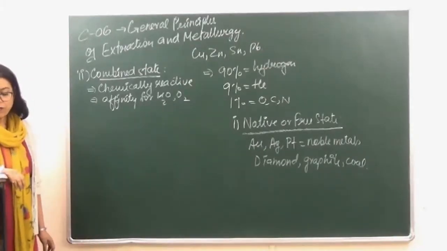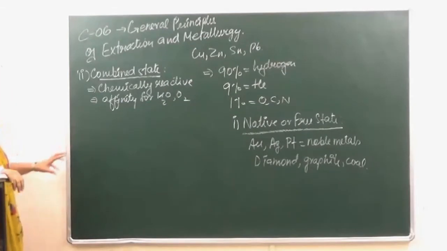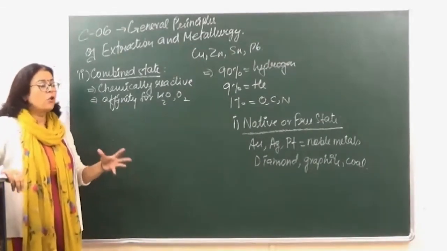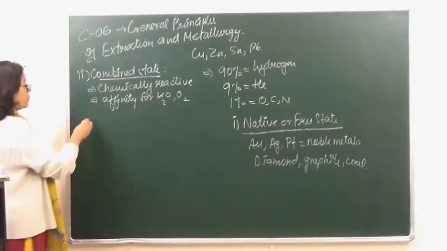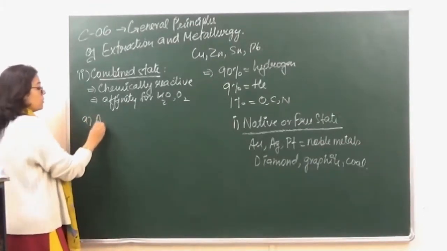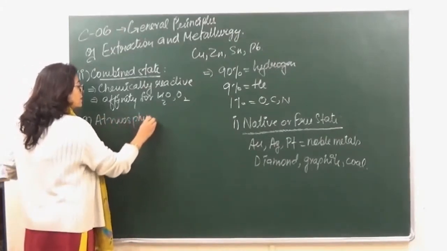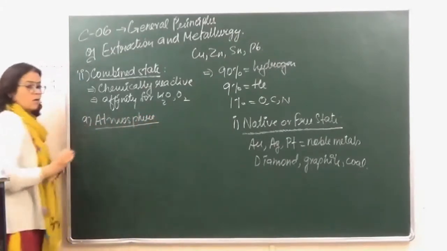Okay? Now, when we are talking of combined state, the elements are distributed in the entire earth. So you know what the parts of the earth are. When we are talking of earth, the first part of earth is going to be the atmosphere.